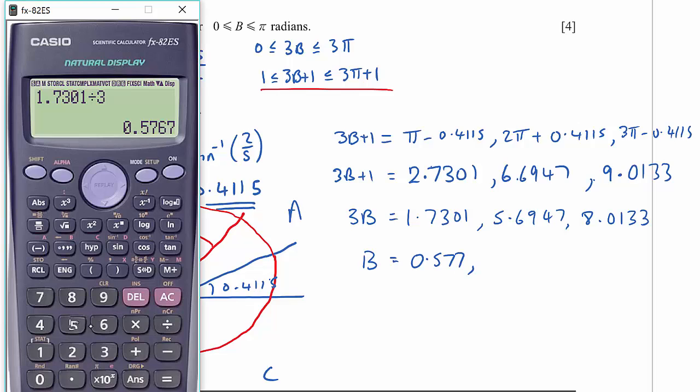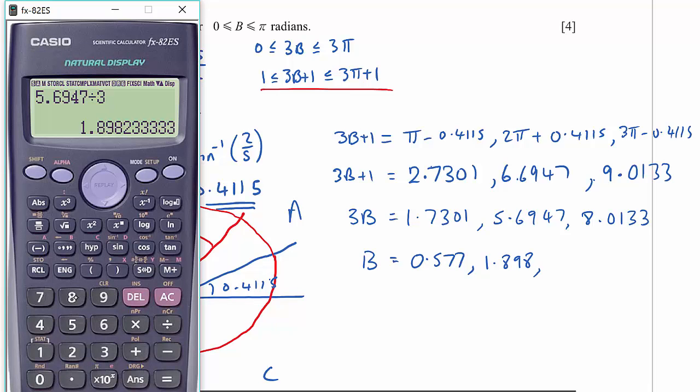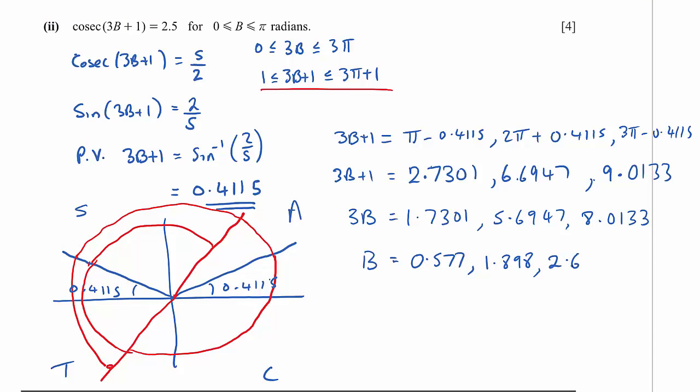And then we've got 5.6947, divide that by 3, 1.898, and 8.0133, and we'll divide that by 3, 2.671, giving all of those to 3 decimal places.